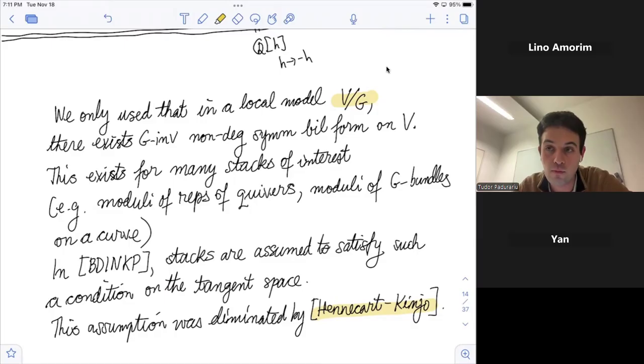But those are examples, and I ask a general question: if you start with a good stack, in your sense, then what? Let me see.